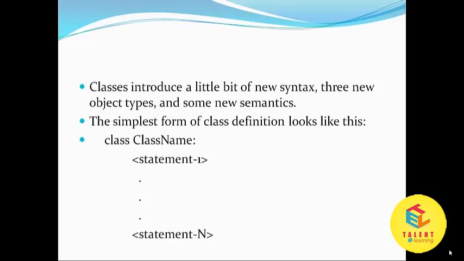Thus, all assignments to local variables go into this new namespace. When a class definition is left, normally a class object is created. This is basically a wrapper around the contents of the namespace created by the class definition.